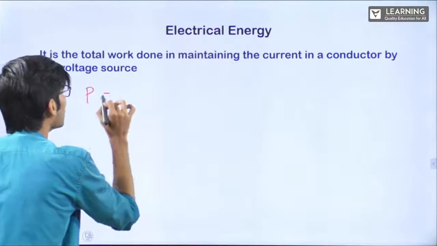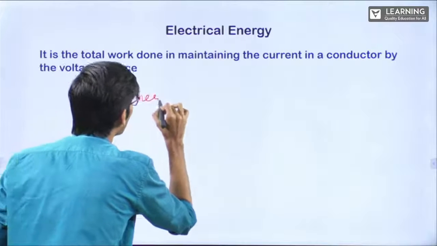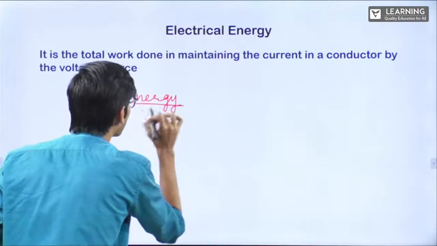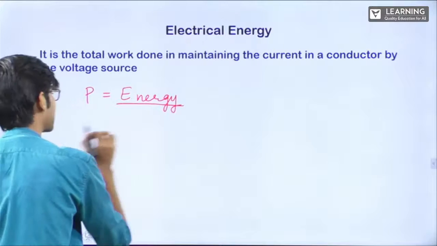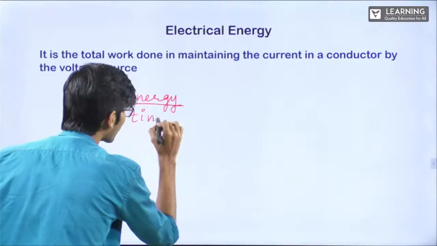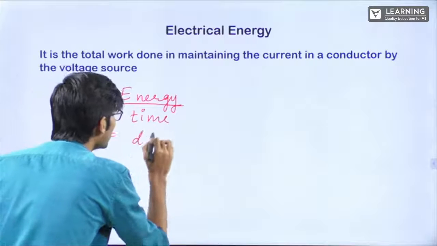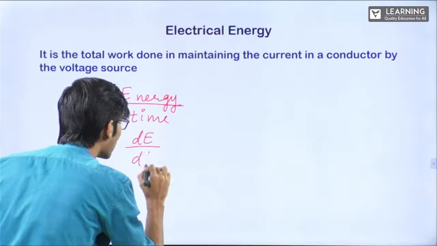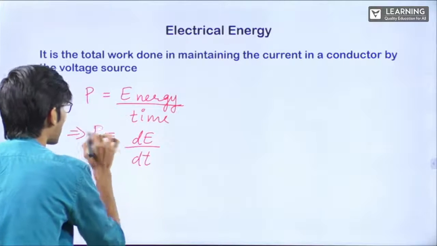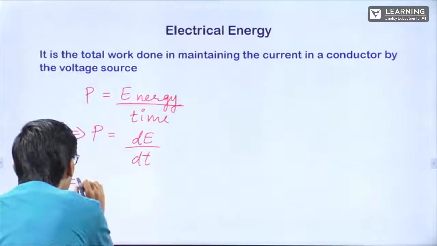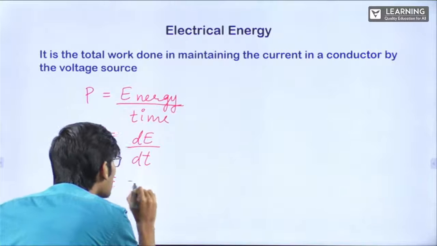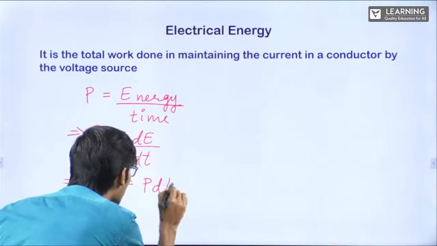Power is equal to energy per unit time. That is equal to dE by dt. Now from here, dE is equal to P dt.